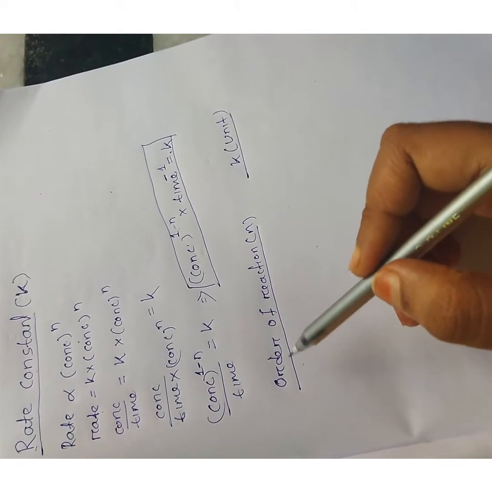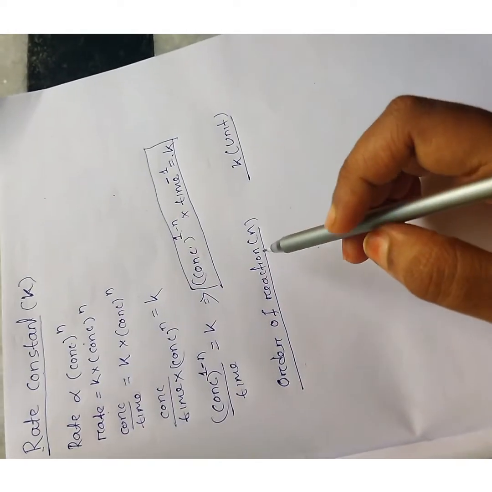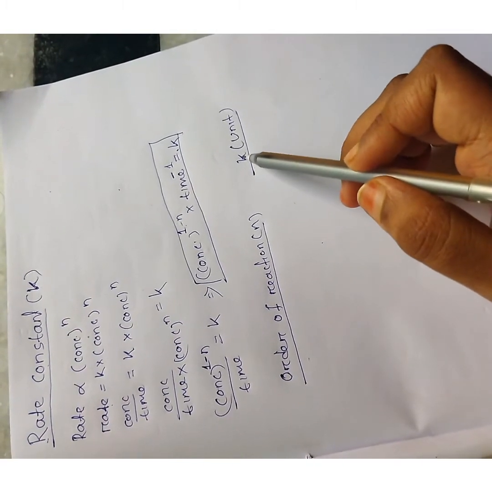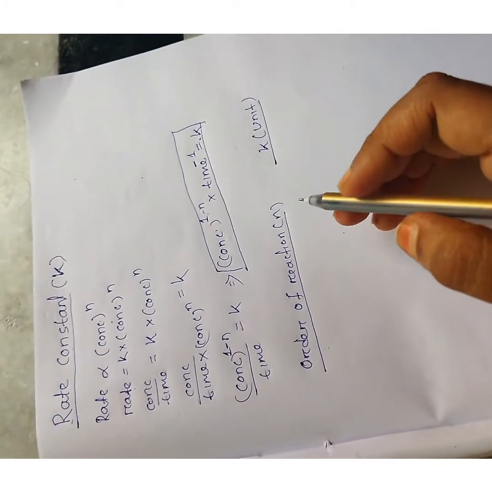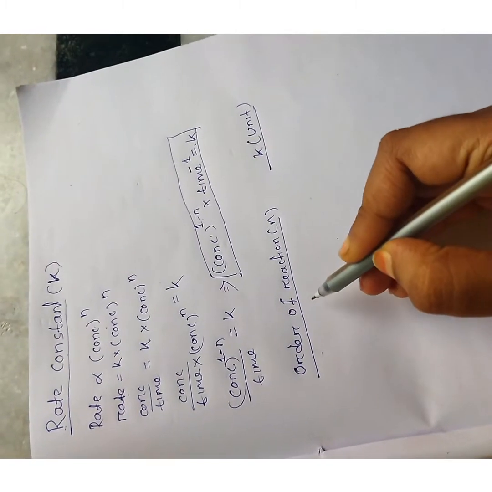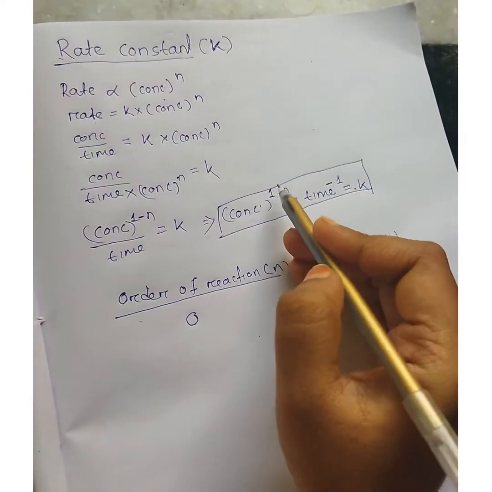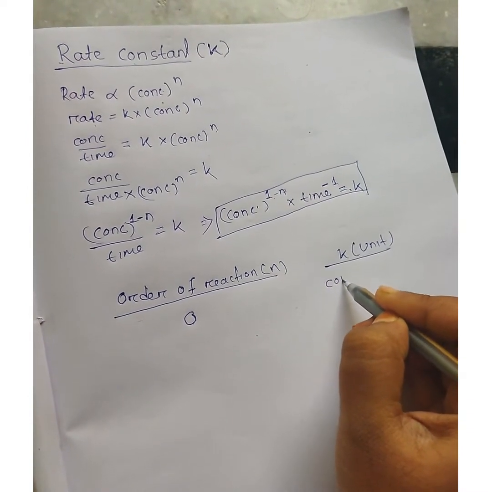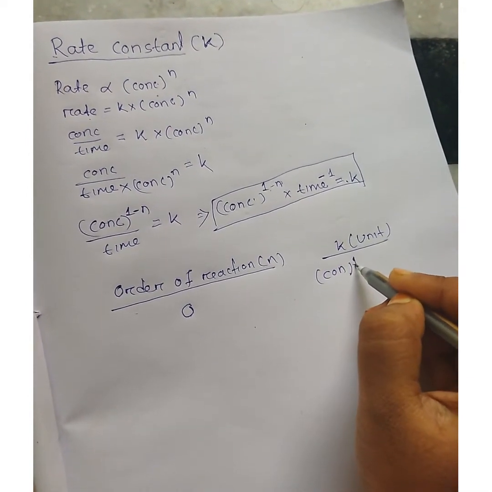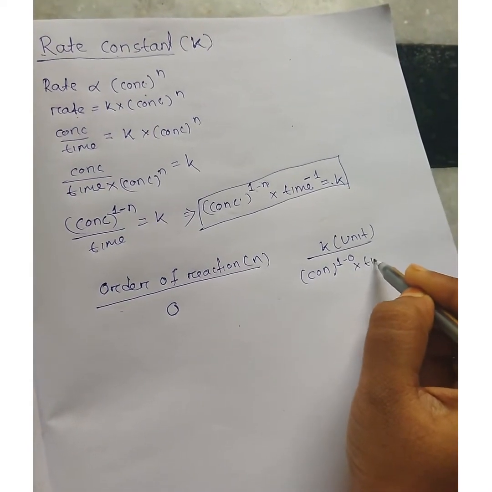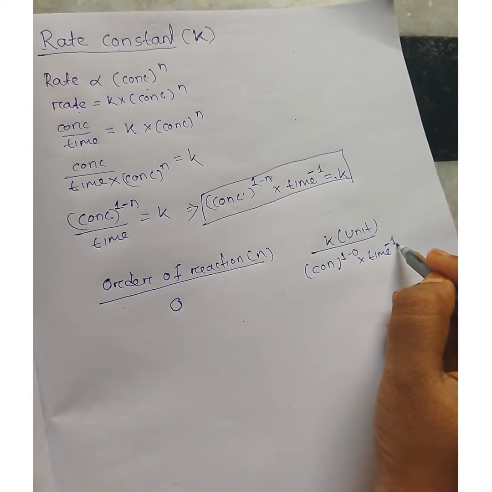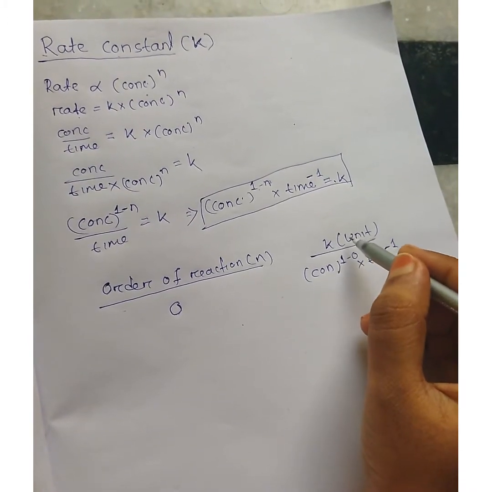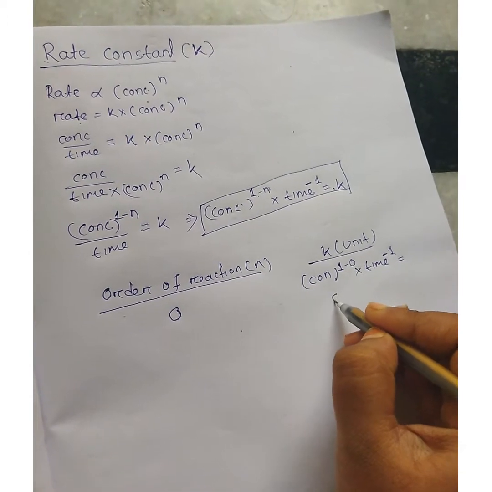Then we can see the relation between order of the reaction and the rate constant, that is how the unit of the rate constant varies with the order of the reaction. Let's take an example. If the order of the reaction is 0, then put 0 here. Then what is the rate constant? Concentration 1 minus 0 into time to the power minus 1 is equal to K, which is the rate constant, and it is the unit.